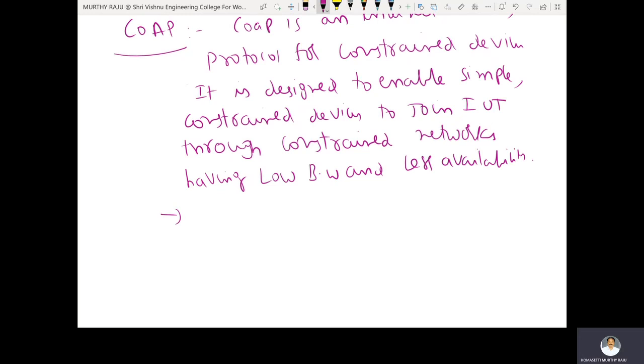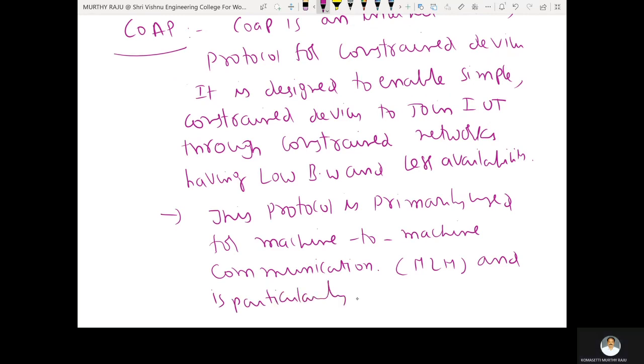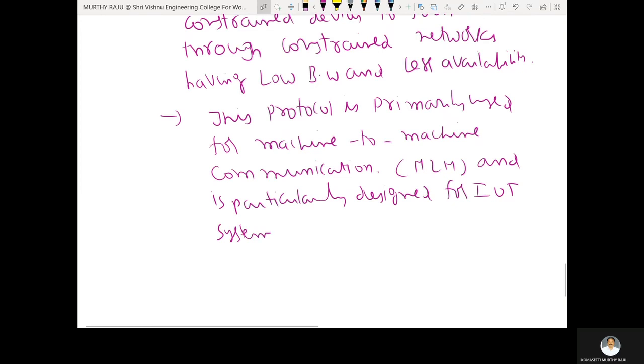It is primarily used for machine-to-machine communication, M2M, and is particularly designed for IoT systems. This is an application layer protocol.